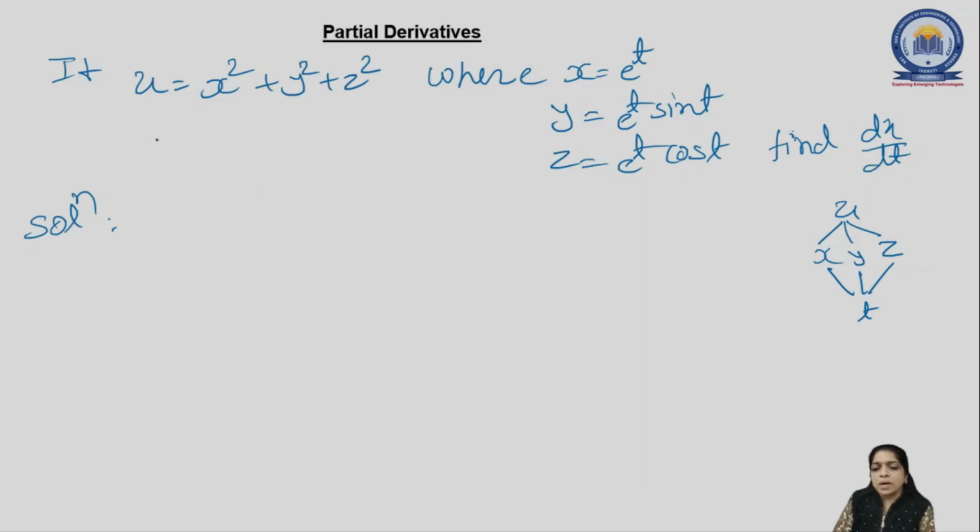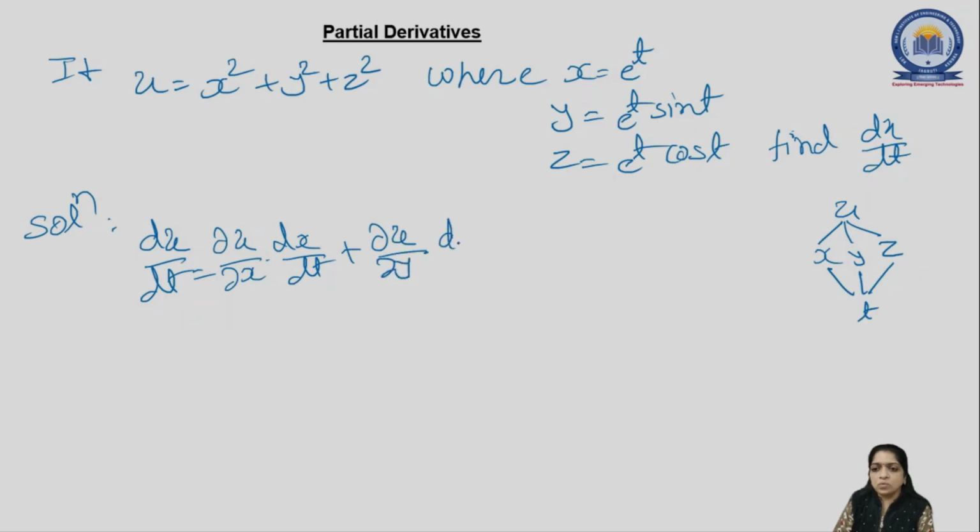Here the partial total derivative rule, that is du by dt is equal to del u by del x into dx by dt plus del u by del y into dy by dt plus del u by del z into dz by dt. So we are going to first find the partial derivatives of u with respect to x, y and z.